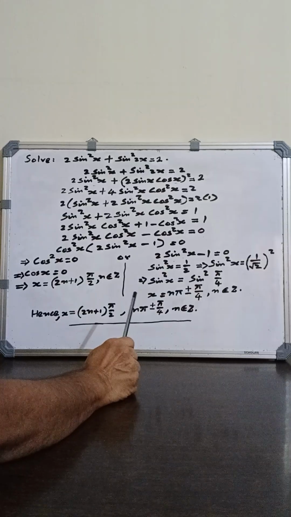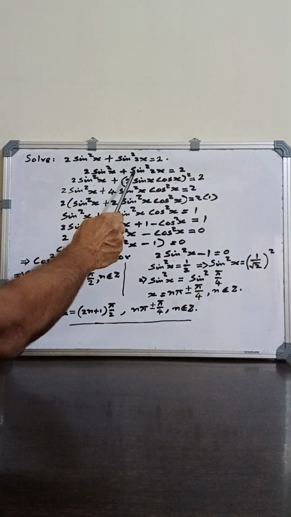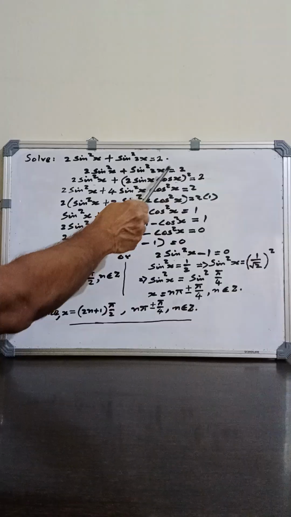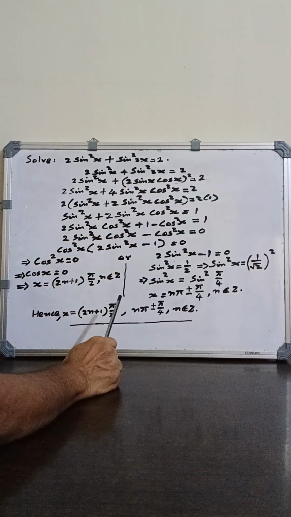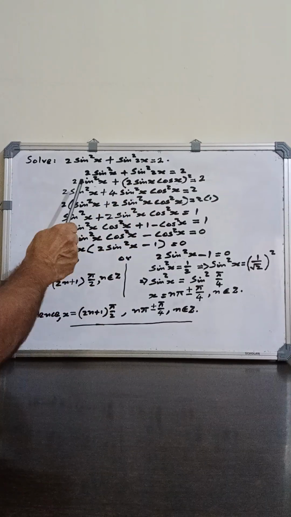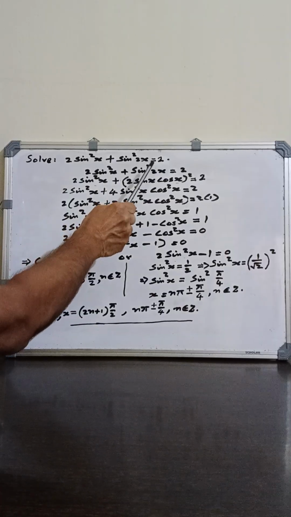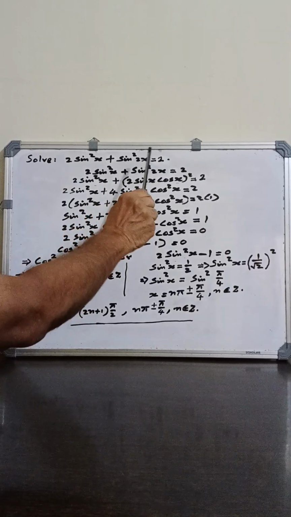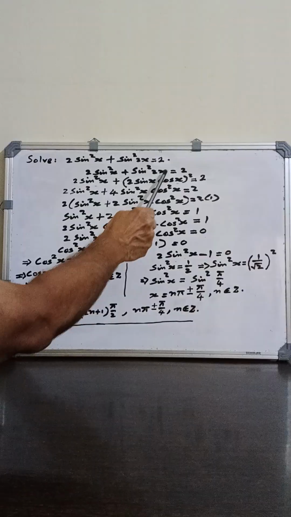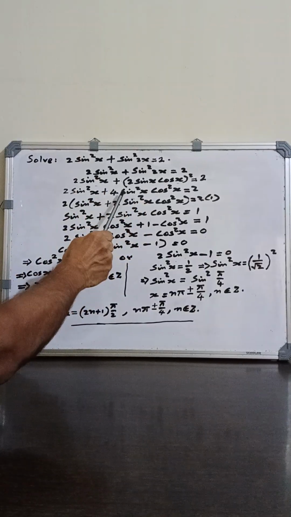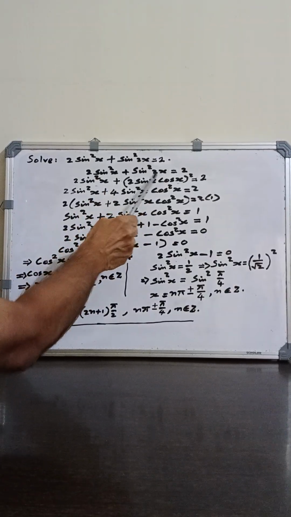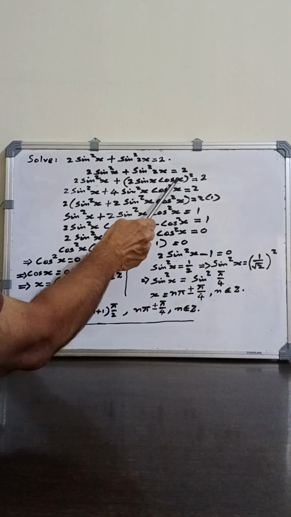Here, 2 sine squared x plus sine squared 2x, sine 2x the whole square. Sine 2x equals 2 sine x cos x.